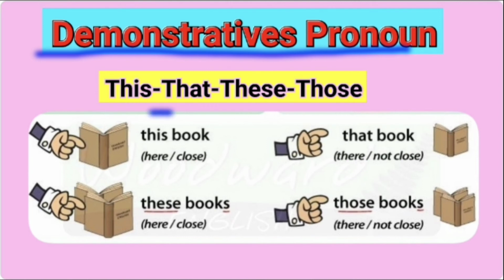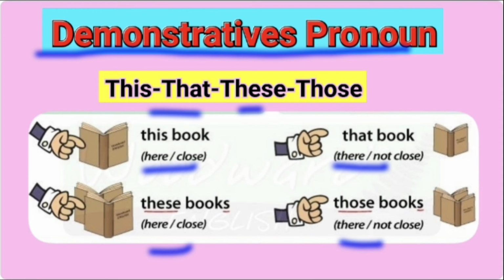This, that, these, those. Students, here I am using this picture to clarify the difference between this, that, these, those. This and that both are used for singular nouns. And these and those both are used for plural nouns.